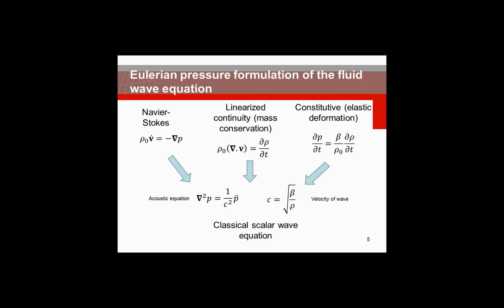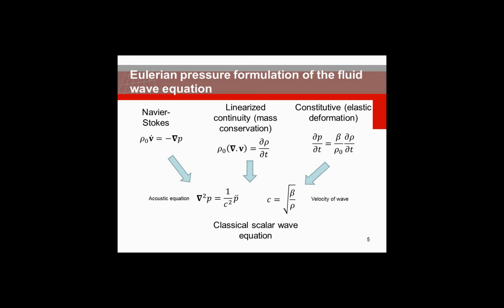With all these assumptions, we have a very simplified but important and interesting formulation of the wave equation of the fluid. We have a very reduced version of the Navier-Stokes equation, which relates the accelerations in the fluid with the gradient of pressures in the fluid domain.